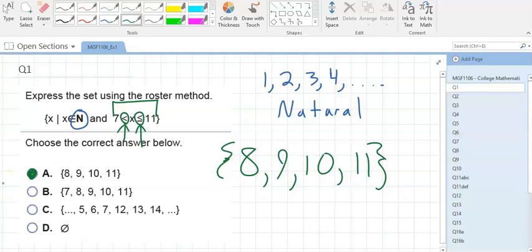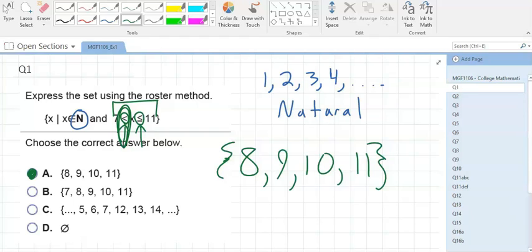Everybody else has way too much information or not enough information. Like answer B, it includes the 7. And we know based on the less than symbol up above that we do not include 7. And then down below, C, all these dot, dot, dots mean that it keeps going on and on.